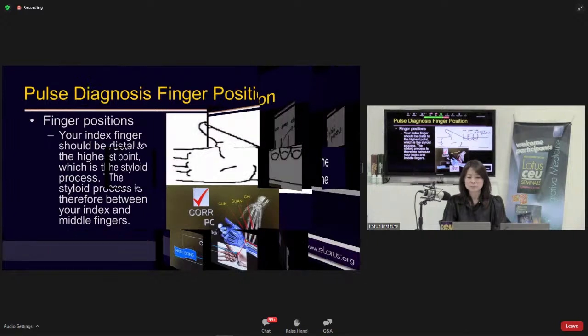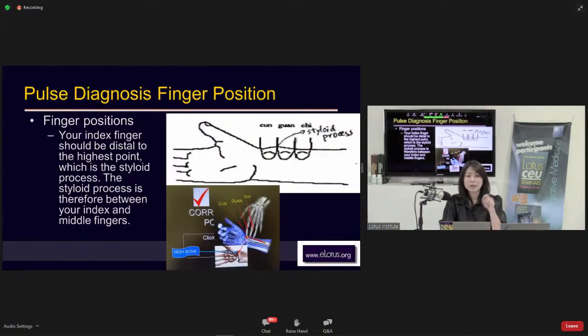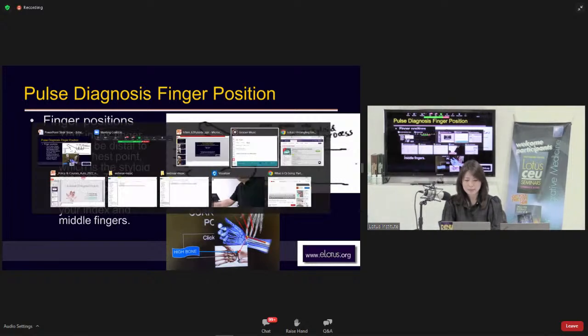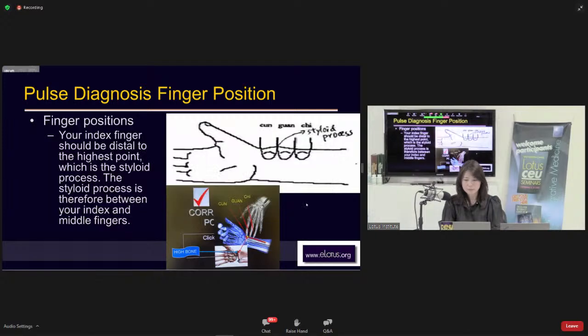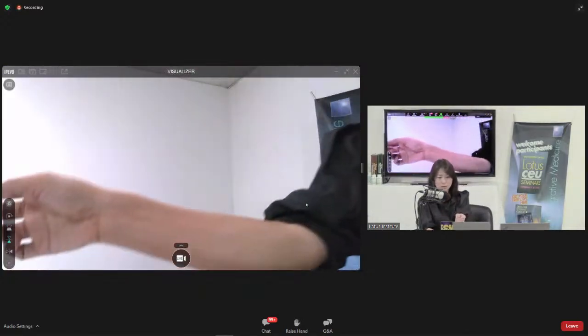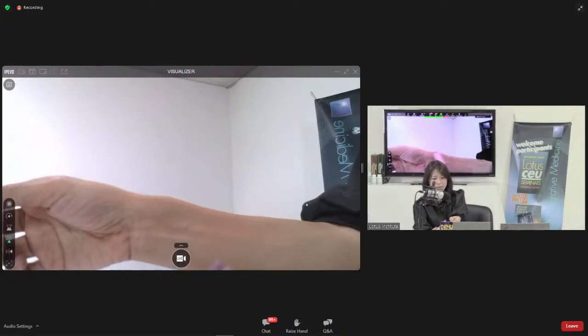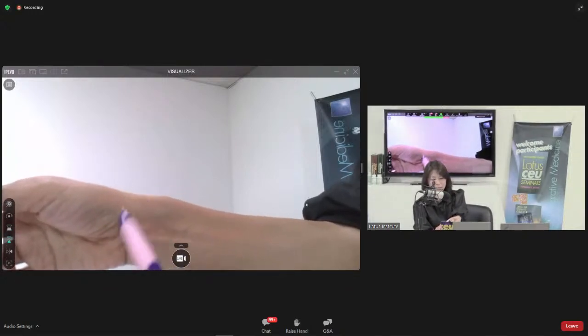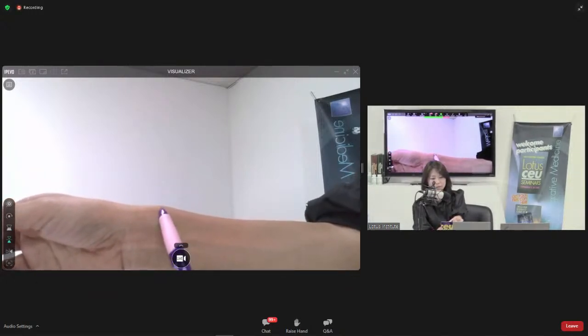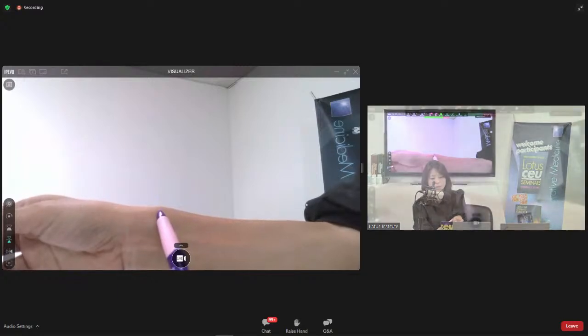Okay, so I want you all to take a look at your own hand now. Mark your own styloid process. That is the highest point. So let me show you on my hand here. On my hand it is pretty prominent. That is the styloid process, right? Highest point. So put a little mark there.